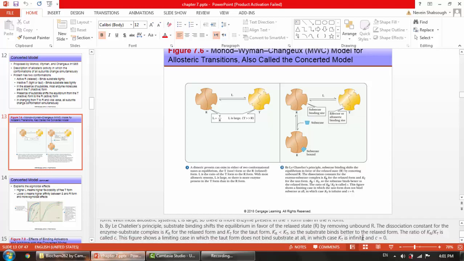It means that the substrate binds better to the relaxed form. The ratio Kr divided by Kt is called C, and when C equals 0, it means that Kt is infinite, and this means that the substrate will not bind the T form at all. This is the explanation.